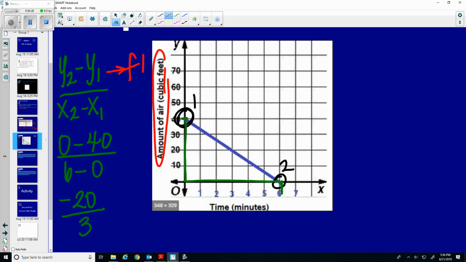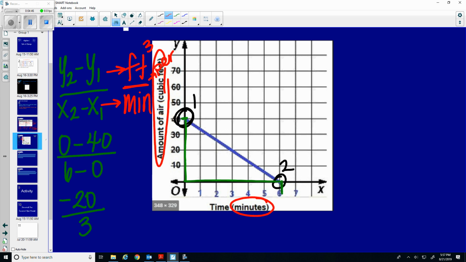Cubic feet. You can write out cubic feet if you don't know how to write it like that. Now, what are the units for my x? Minutes. I have that bar, what does that bar mean? It means per.